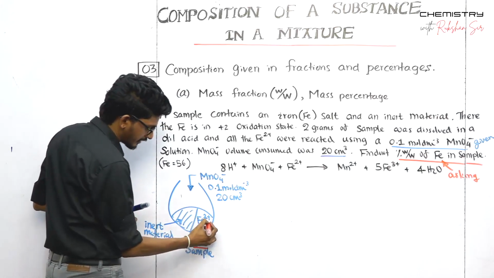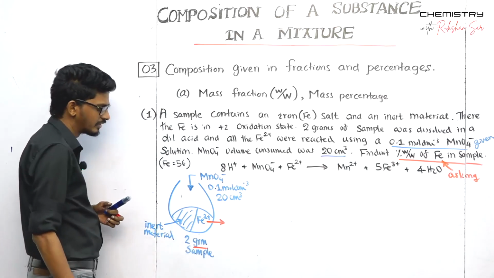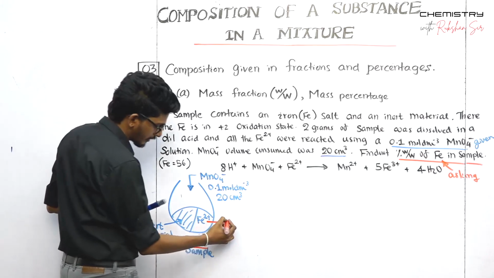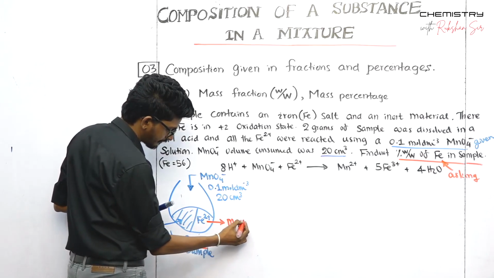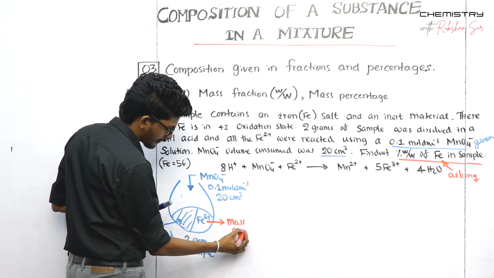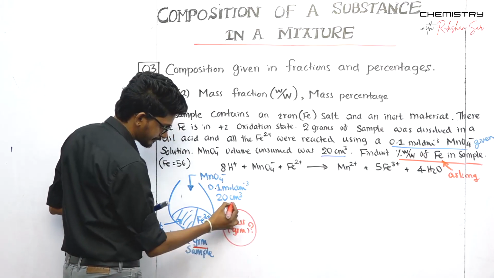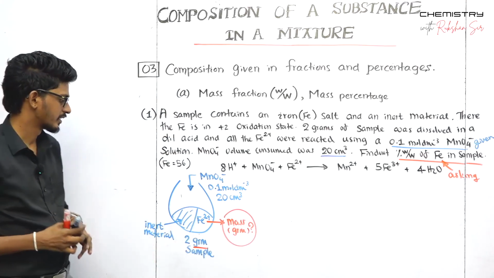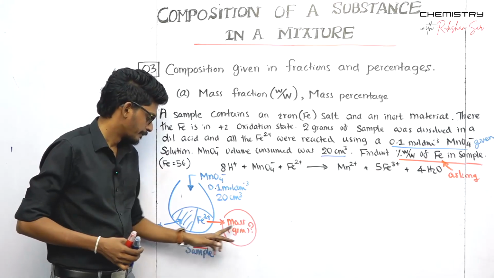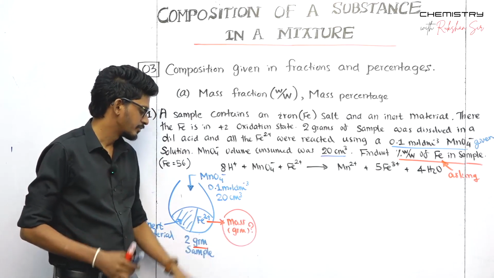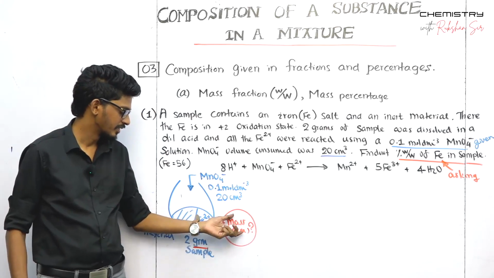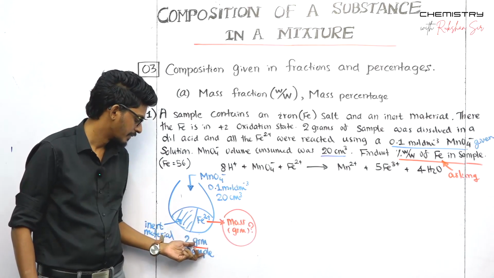So you need to come up with the weight of this thing as well, in grams. So the mass of this thing should be found in grams. That is what the mass percentage means: the mass of the interested substance divided by the mass of the sample.